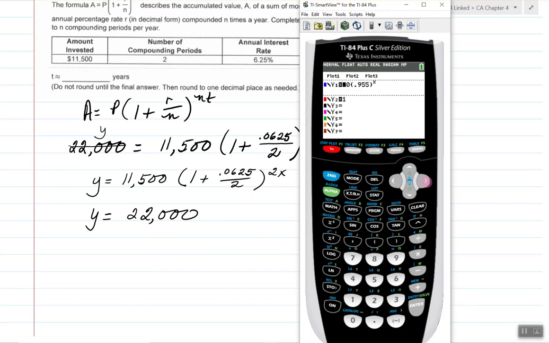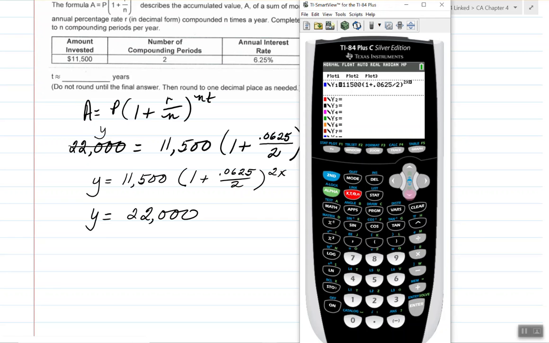Y equals 11,500, open parentheses, 1 plus 0.0625 divided by 2, raised to the 2x power.